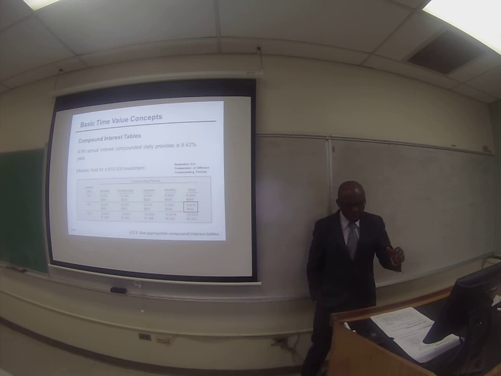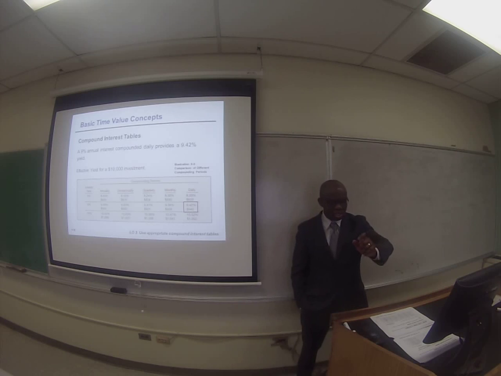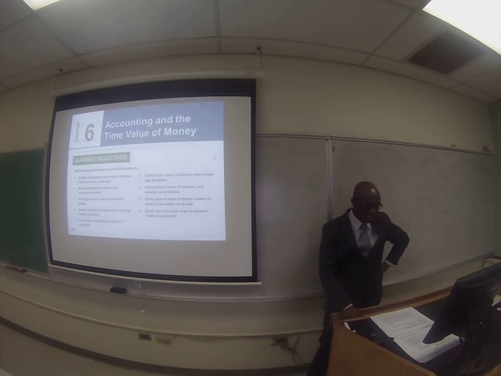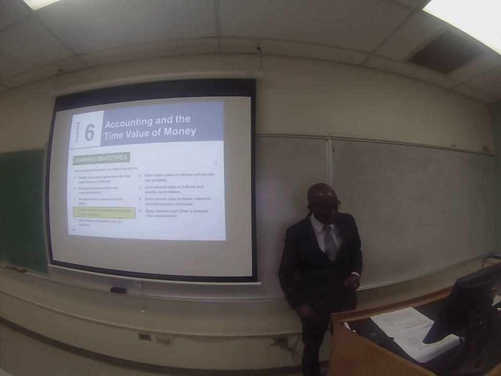So, if you compound this $10,000 investment only once a year, your interest is going to be $900, versus compounding it daily, and you are going to have interest of $942. So that gives you an effective interest rate, or in other words, you are actually earning a 9.42% interest rate.